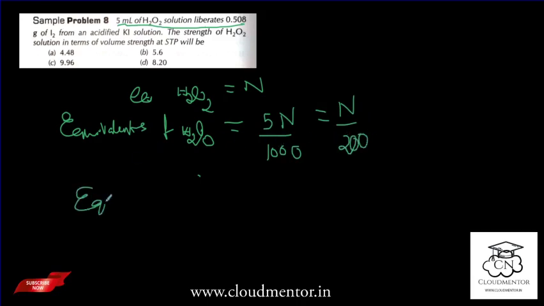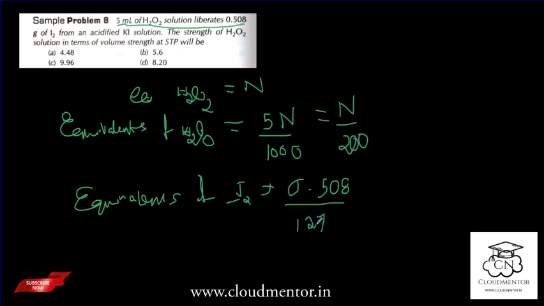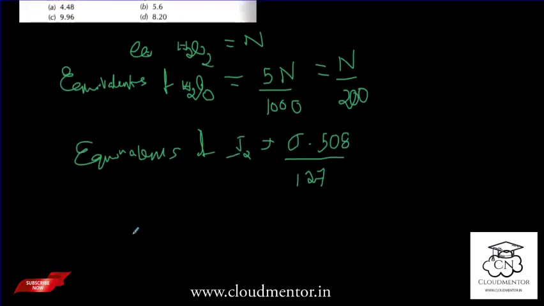And for the equivalence of I2, we know this 0.508 gram, so equivalence of I2 will be equal to 0.508 divided by the equivalent weight of iodine, that is 127.